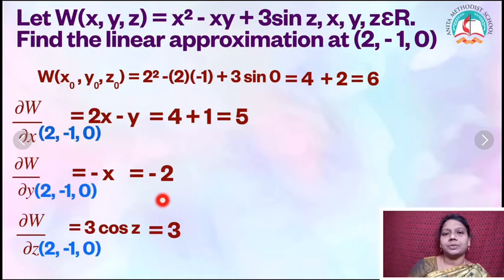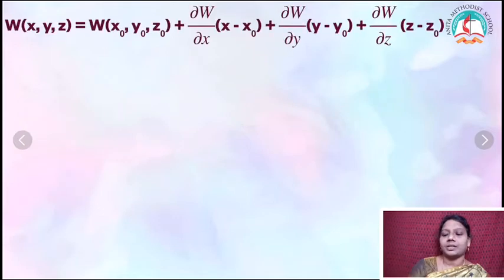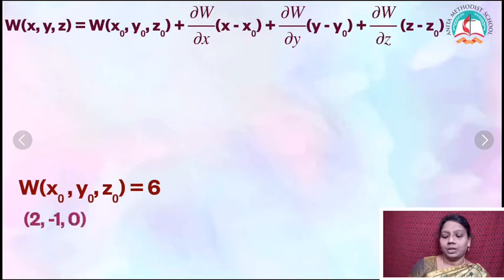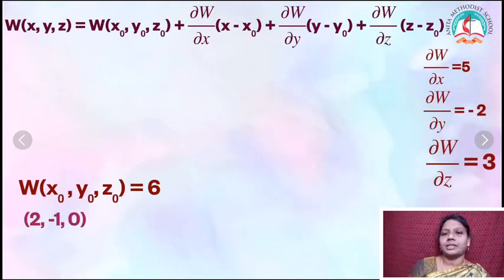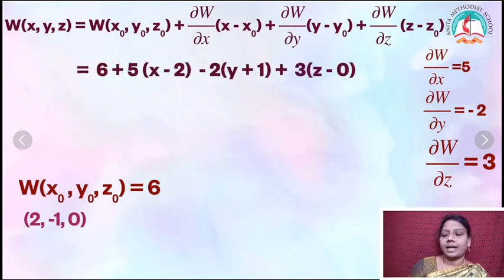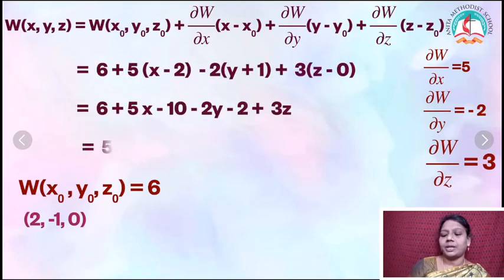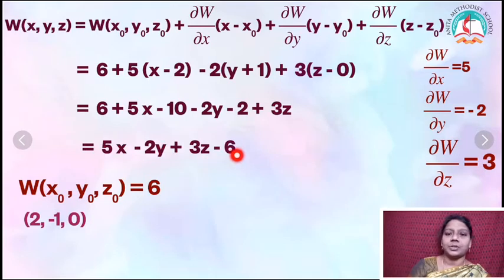Now, what we have to do? We have to substitute all these things in the given linear approximation equation. I am going to substitute all these things, that is w's value, dou w by dou x, dou w by dou y, dou w by dou z. So if I am substituting that, then I am getting the equation as 5x minus 2y plus 3z minus 6 is equal to 0.